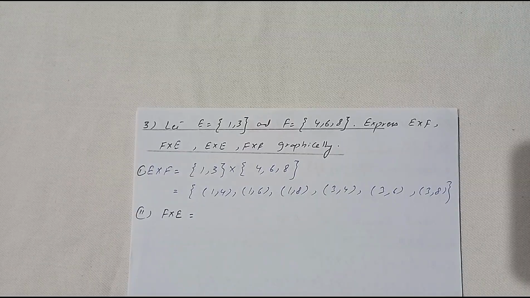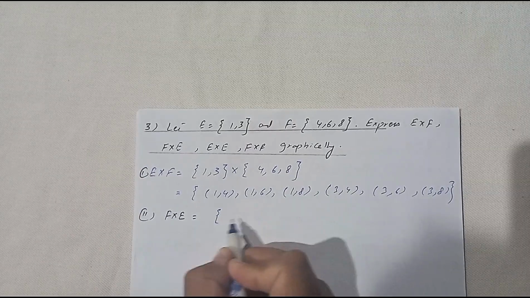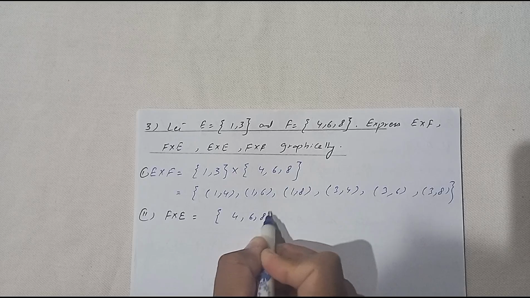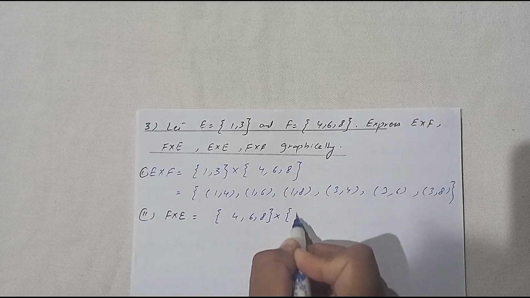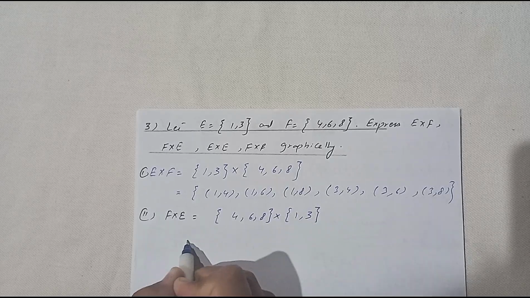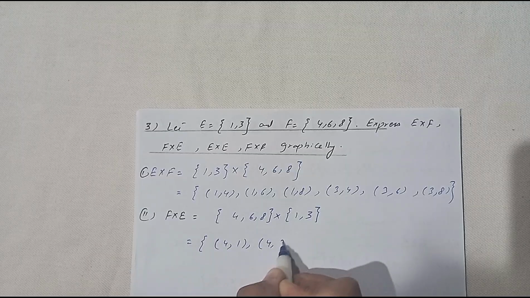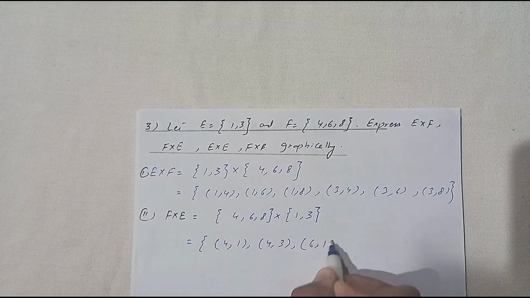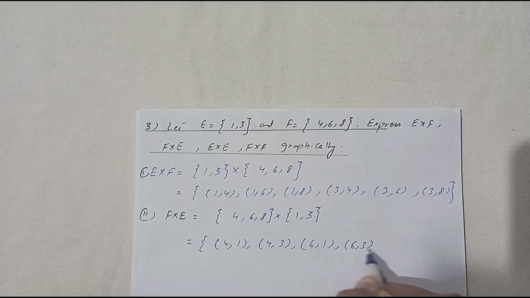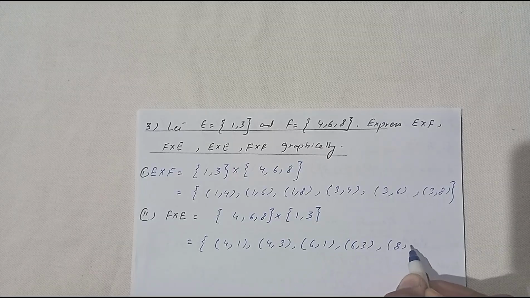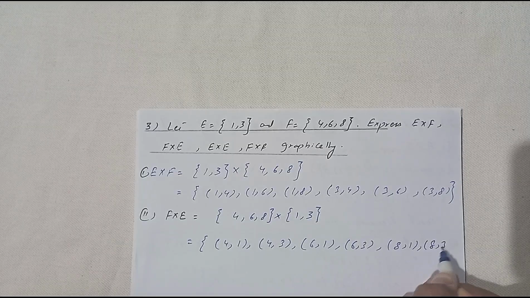Now we find the cross product of F and E, that equals 4, 6, 8 multiplied by 1, 3, and that equals 4,1; 4,3; 6,1; 6,3; 8,1; and 8,3.